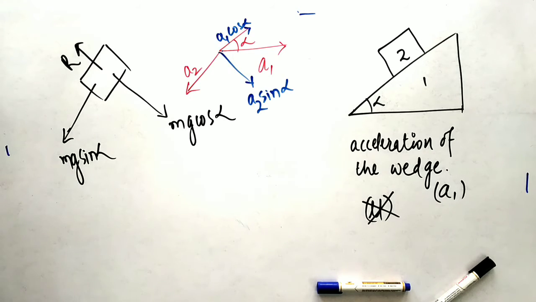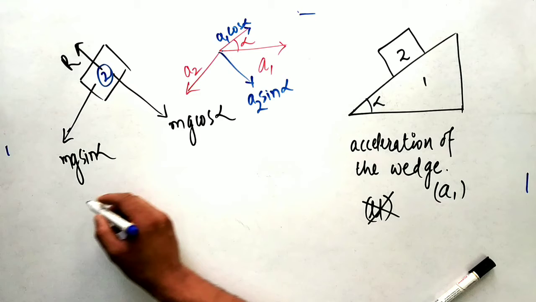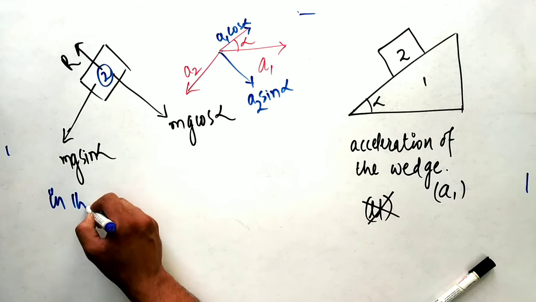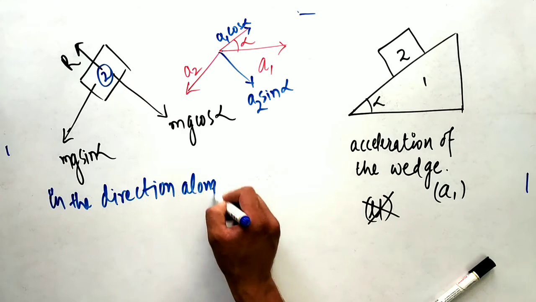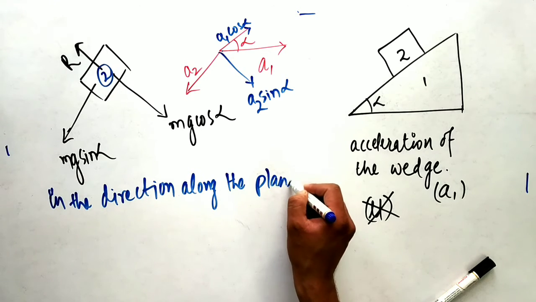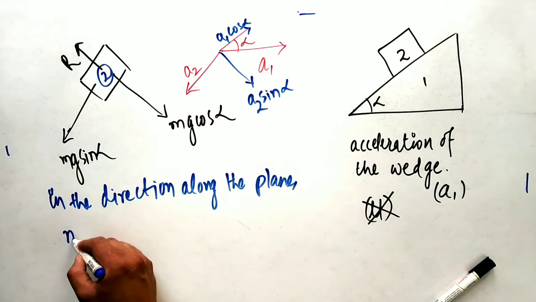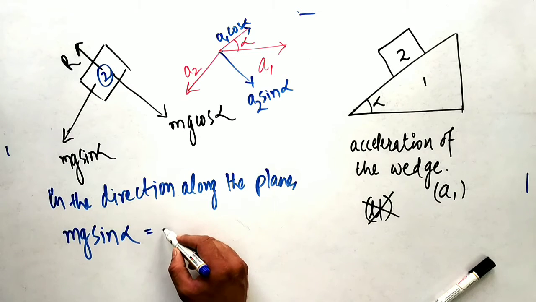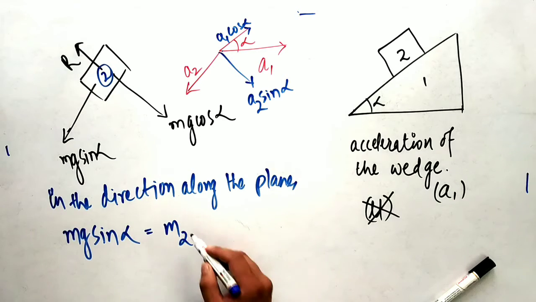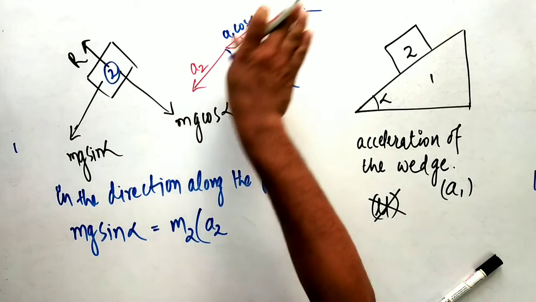Now we'll write the equations for the block 2. In the direction along the plane, this way, we have mg sine alpha, the only force in this direction, equal to m times the acceleration in this direction, that is component of a1 acting in the opposite direction.